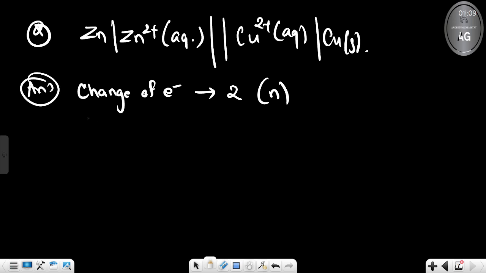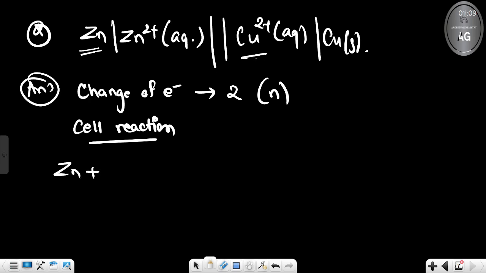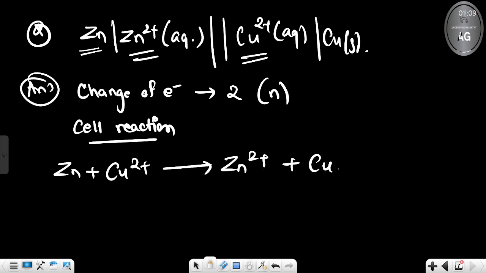Next question is, what is the cell reaction? They will ask you what is the cell reaction. Then how will you write the cell reaction? It's very easy. For writing the cell reaction, first thing you will do is write the first substance zinc, then you go with the second ion, this ion, then you write the first ion, then you write the second metal.